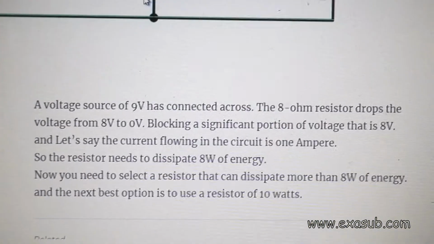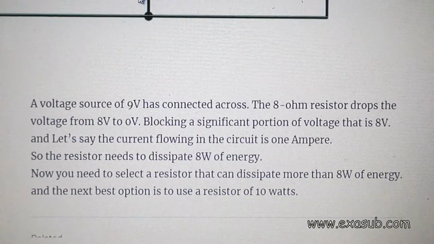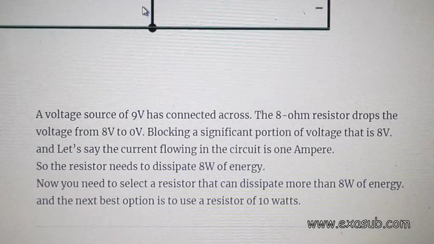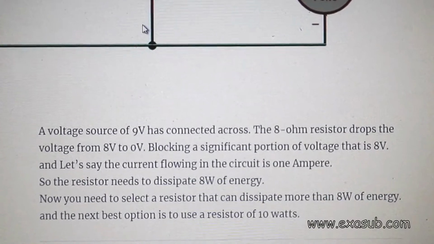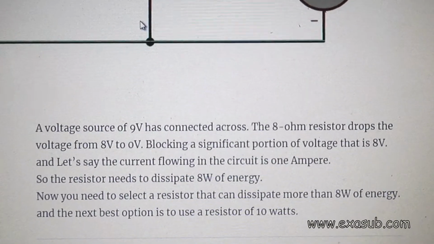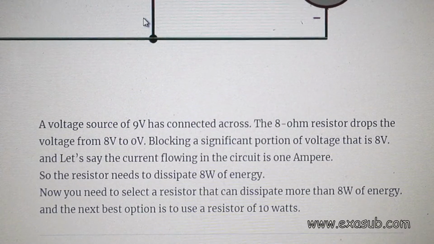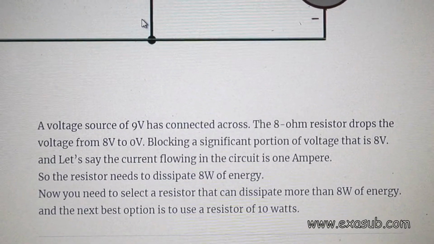A voltage source of 9 volt connected across the 8 ohm resistor drops the voltage from 8 volt to 0 volt, blocking a significant portion of voltage, that is 8 volt.